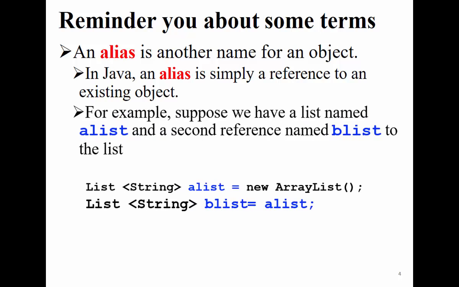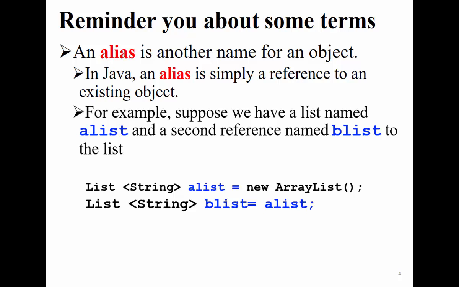Here, for example, we created a list. This is the name inside our program. List is a name, and this name refers to an object inside our memory, and this object is of type ArrayList, which belongs to the List interface. List is an interface. We cannot create an object from an interface.